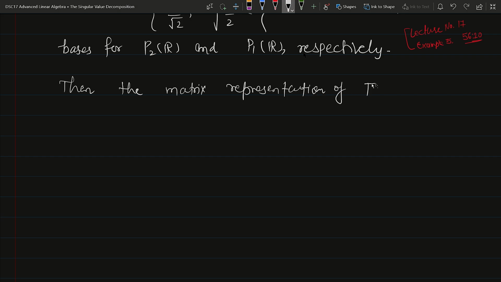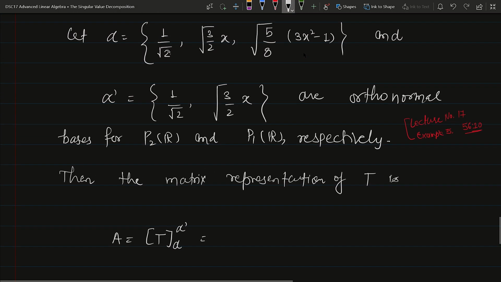Okay, then the matrix representation of T is A, and that is equals to the T from alpha to alpha prime. And this is easy to identify. अगर आप इसका डिफ्रेंशिएशन करेंगे तो this will be zero, और zero को हम लीनियर कॉम्बिनेशन में लिखेंगे that is equal to zero and zero, right. जब आप इसका डिफ्रेंशिएशन करेंगे so it will be square root of 3/2, and we have already square root of 2, so we just need to multiply by square root of 3 only.